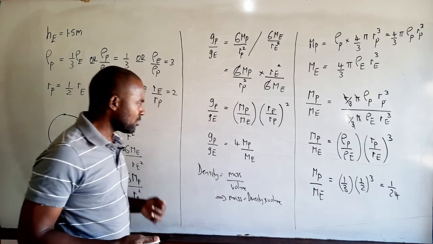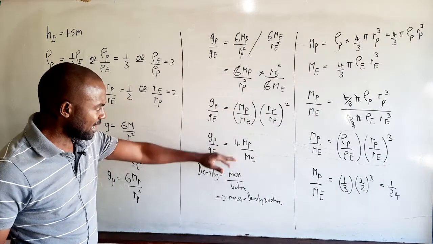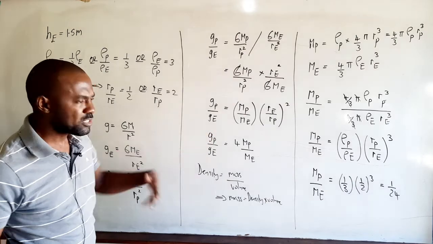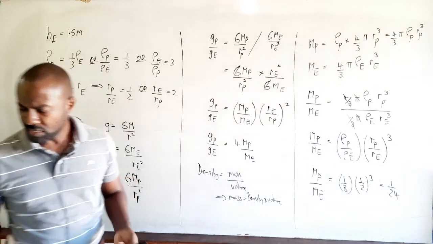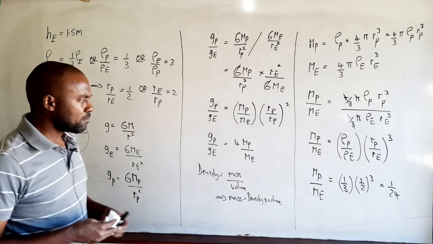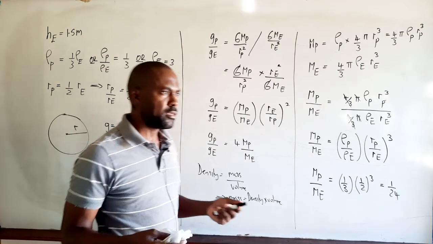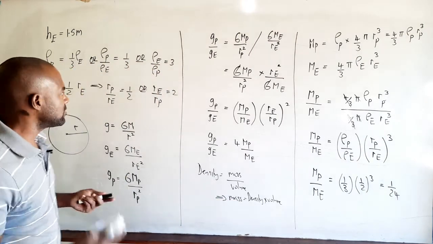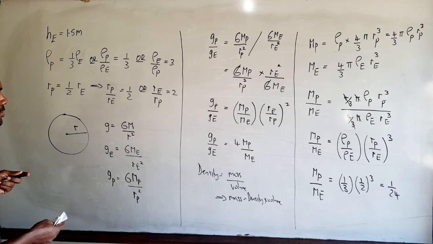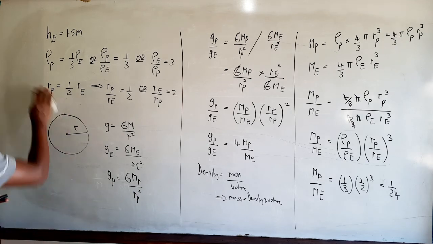And having found that now, we can basically substitute it here and then find the ratio of their respective gravitational field strengths. And this will allow us to find the respective height to which the jumper is expected to jump on the new planet, right?